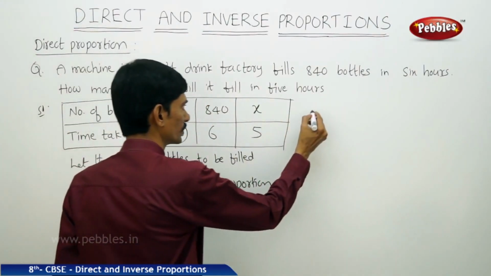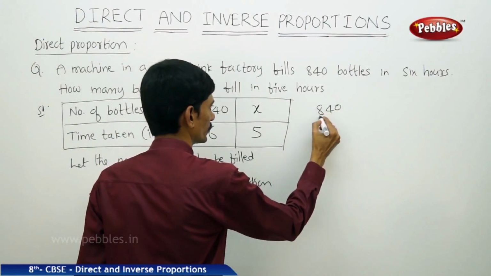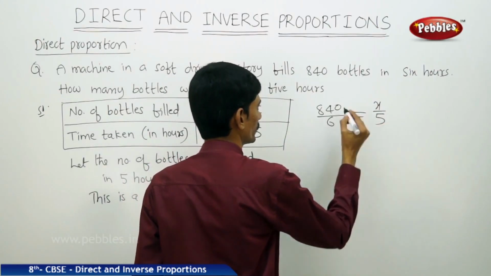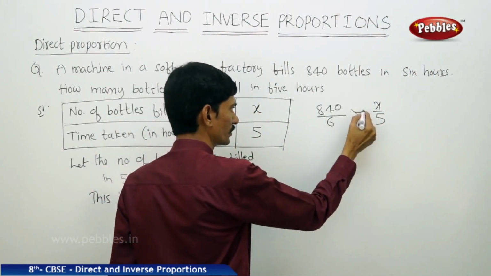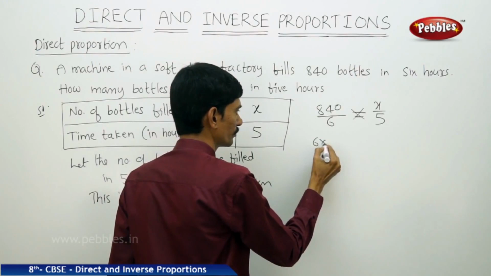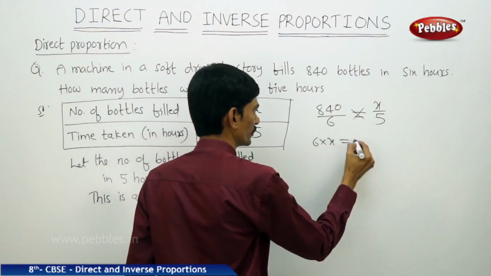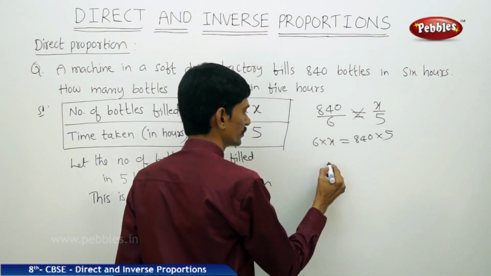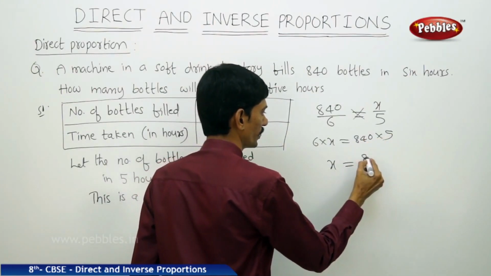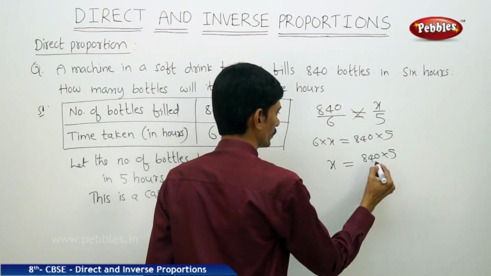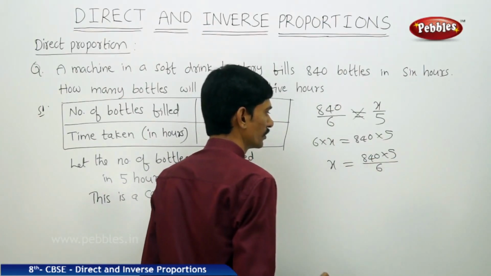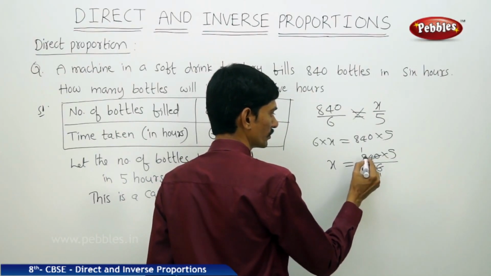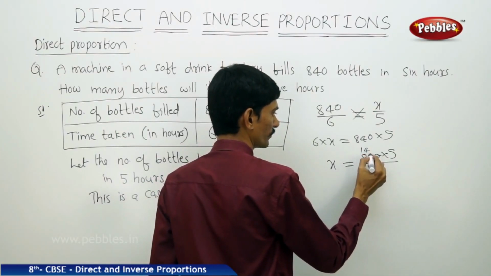So here we can write that 840 divided by 6 equals x divided by 5. Now by cross multiplication we can write that 6 into x equals 840 into 5. Now x equals 840 into 5 divided by 6. Now we can cancel with 6 table here. 6 1s are 6, 6 4s are 24, 0.